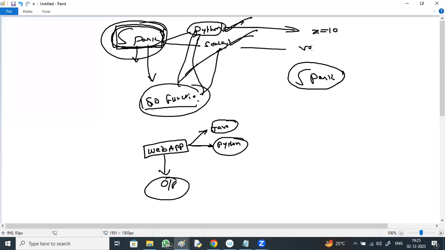In Scala, we say var x equal to 10. This kind of coding will change: defining variables, functions, collections. But Spark related functionalities will be common in all the languages. What all the Spark related inbuilt functions are provided will be common.